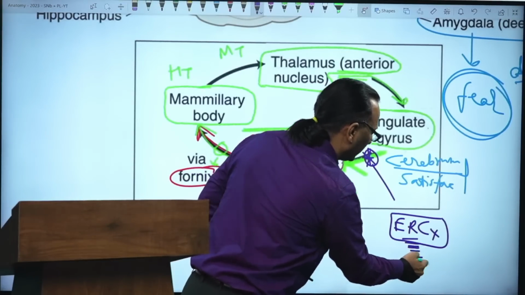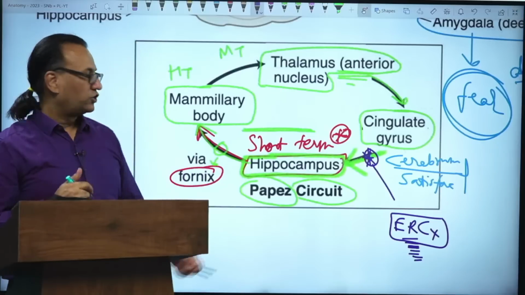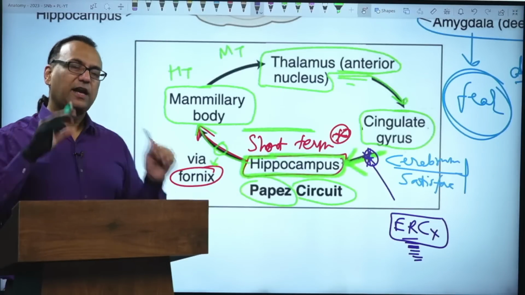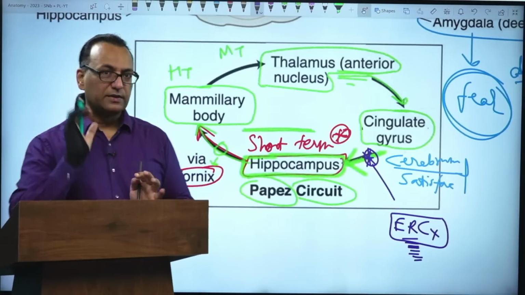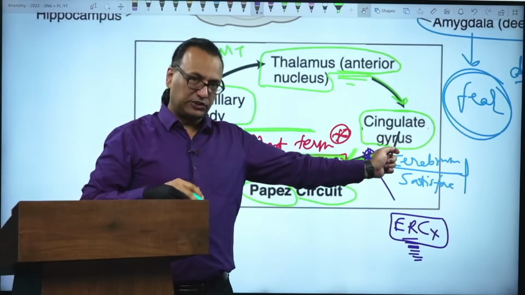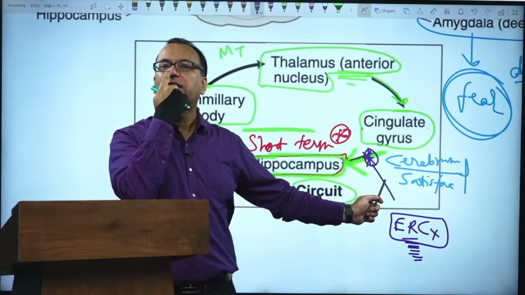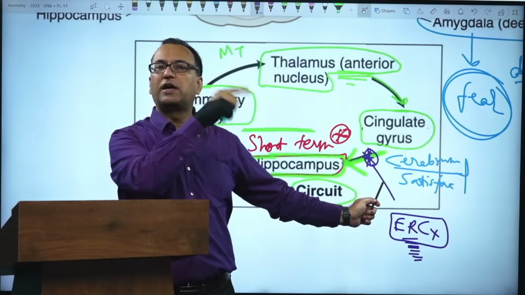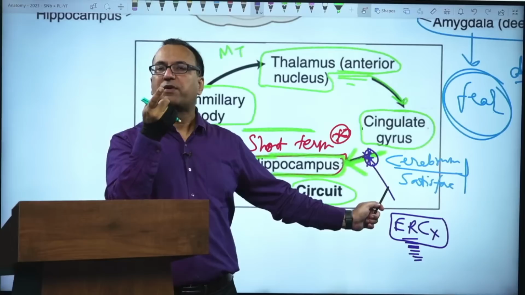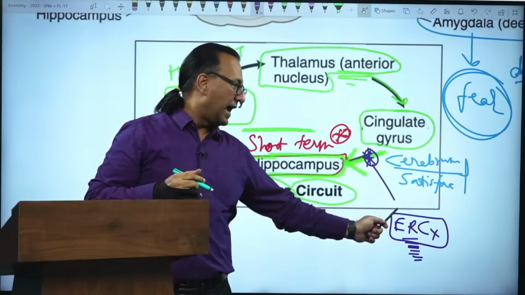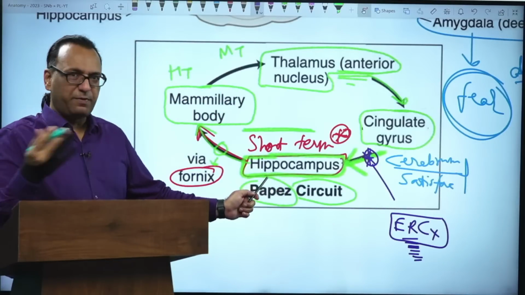Rhinal means nose, smell. So if you want to complete Pepys circuit, there are a lot of intermediaries. I have added one. After cingulate gyrus, you have to go to entorhinal cortex. Entorhinal cortex, smell pathway. Your girlfriend or boyfriend having that particular perfume. And then hippocampus. So what is the purpose of this?